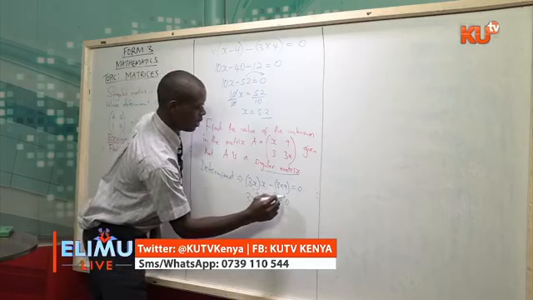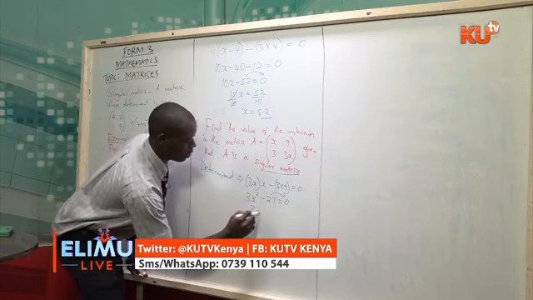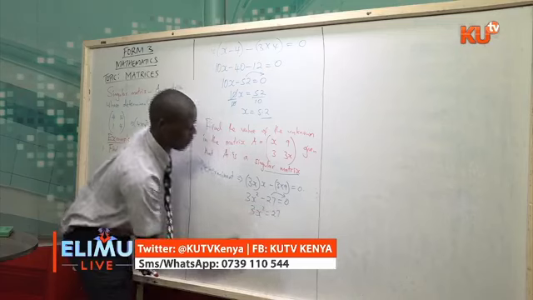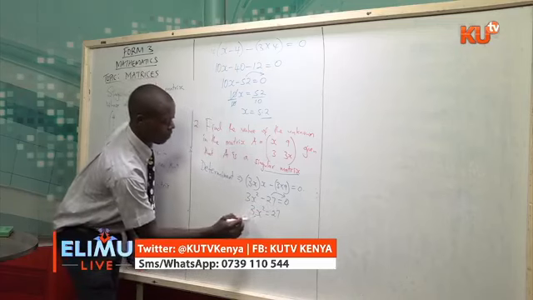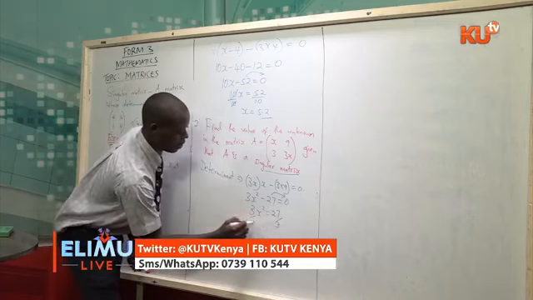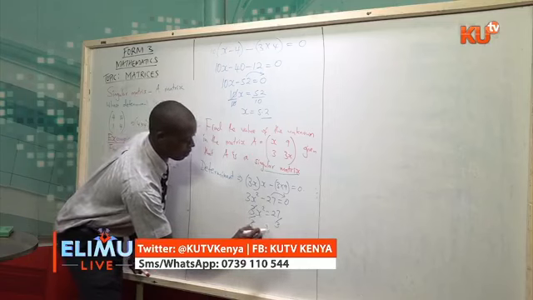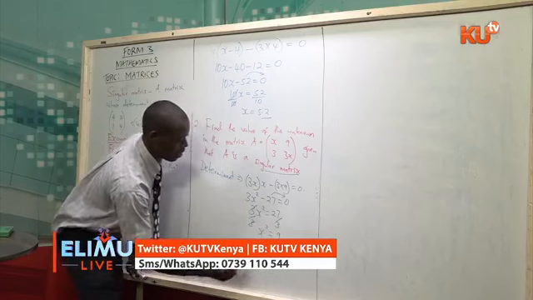We take negative 27 to the right side, so 3x squared is equal to 27. Then we divide by 3, this cancels out, and x squared is equal to 9.